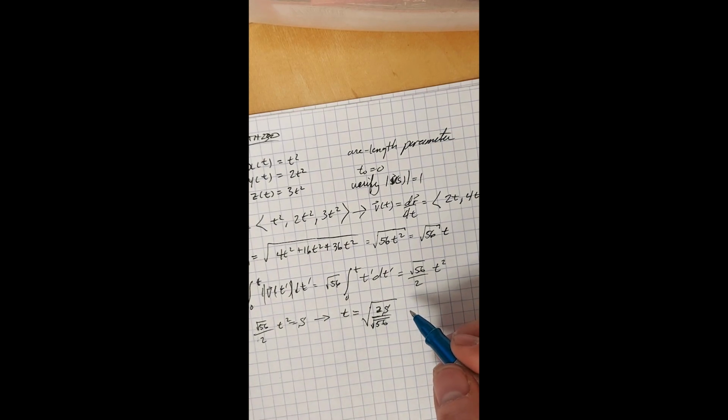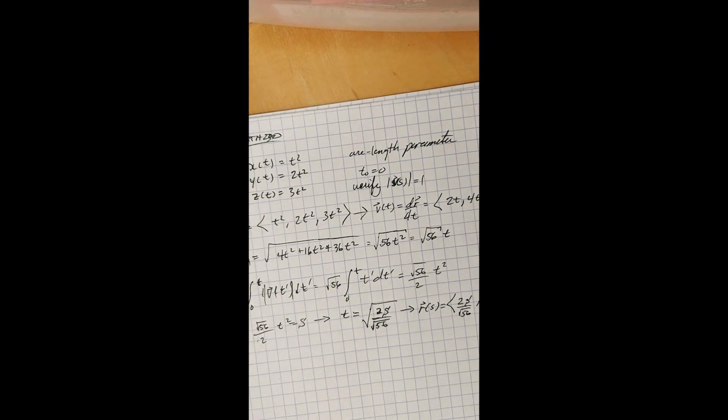Okay. So then this implies that r of s is going to equal 2s over the square root of 56, 4s over the square root of 56, and 6s over the square root of 56.